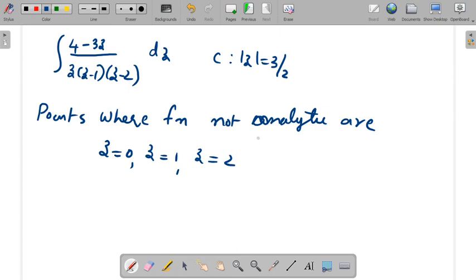For z = 0, |z| is less than 3/2. For z = 1, |z| is less than 3/2. So they lie inside C, and z = 2 lies outside C. So z = 0 and z = 1 are within C, and we bother about only those points.